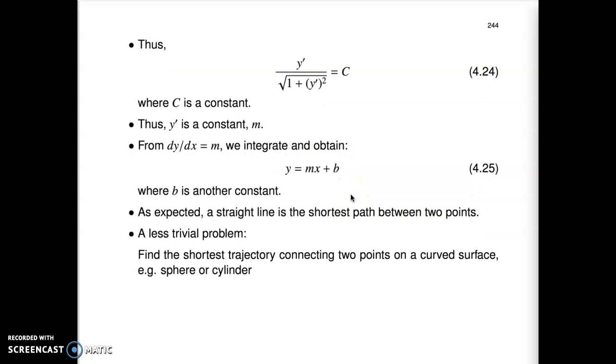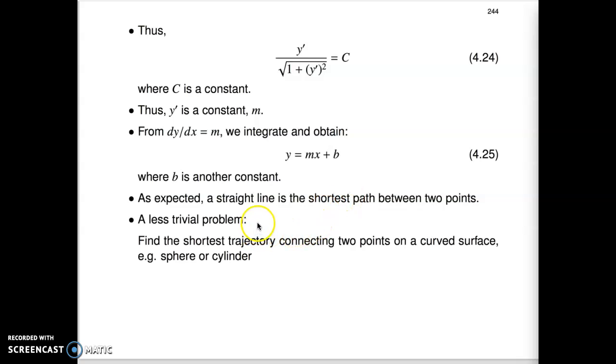Okay, so you can come up with similar kinds of problems, which are less trivial. For example, let's say you have a curved surface and 2 points lie on the curved surface, and you want to know the trajectory along that curved surface. That's the shortest trajectory connecting those 2 points.